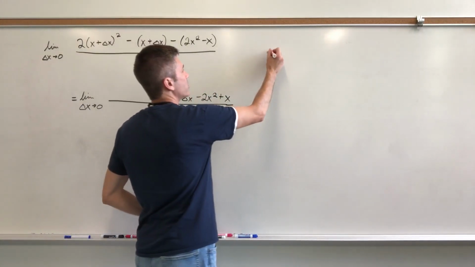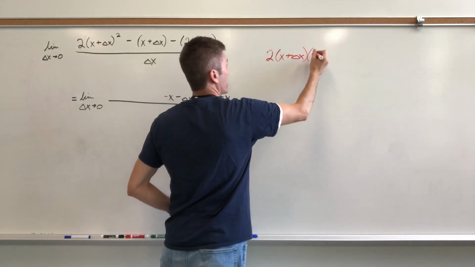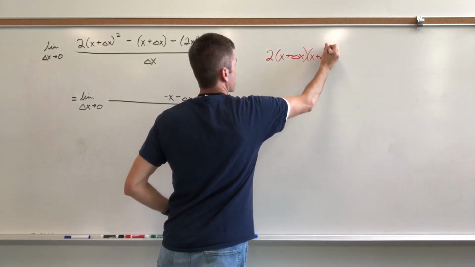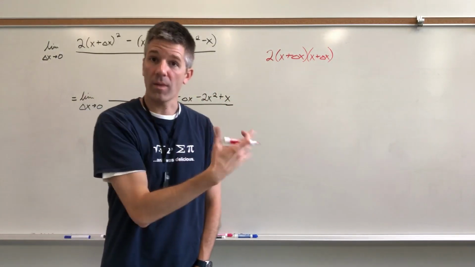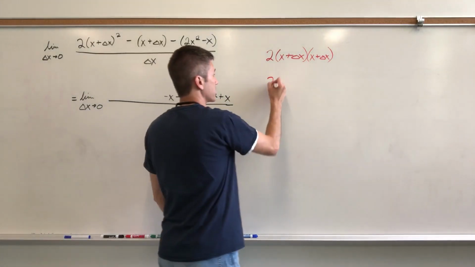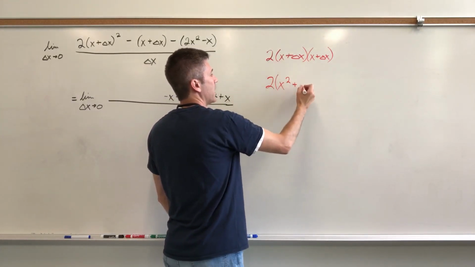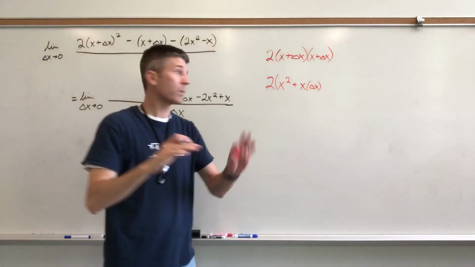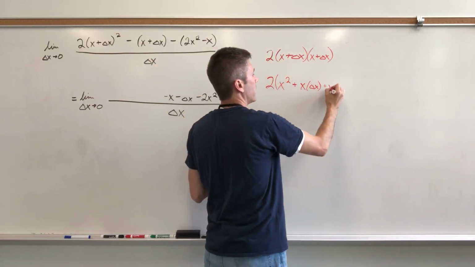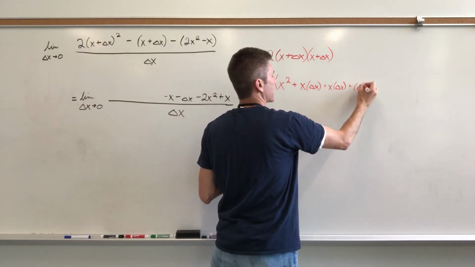If I had 2 times (x plus delta x) squared, I would really have x plus delta x times x plus delta x. That's what I'd have. I'm going to multiply all that out over there on that side of the board. Let's leave the 2, I like to save it for last. So foiling that out gives me x times x, then the outer and then the inner: x times delta x, and then plus delta x squared.